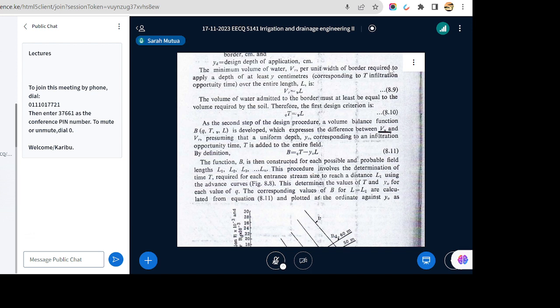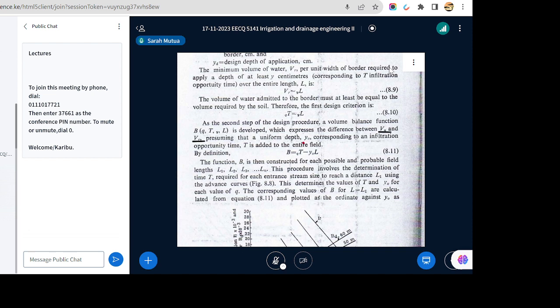What is VR? VR is the minimum amount of water per unit width of border strip required to apply a depth of at least Y centimeters corresponding to an infiltration time T.